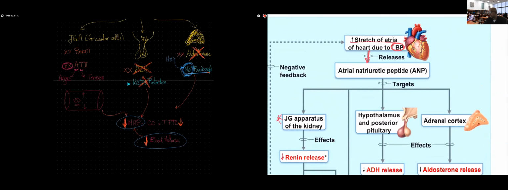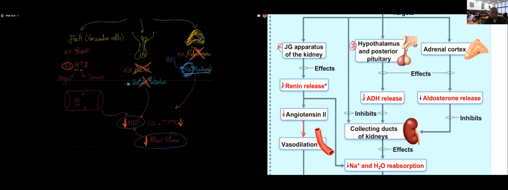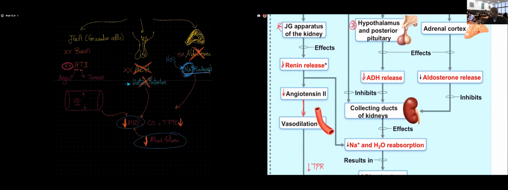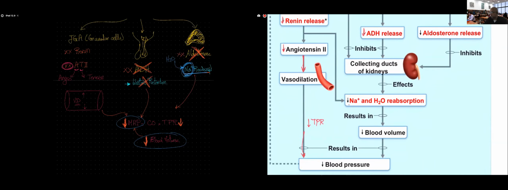The second target organ for atrial natriuretic peptide is my hypothalamus and posterior pituitary gland. ANP is going to be inhibiting the release of ADH. When I inhibit the release of ADH, there will be water loss in the urine. This is going to cause a drop in my blood volume and so a drop in my blood pressure.